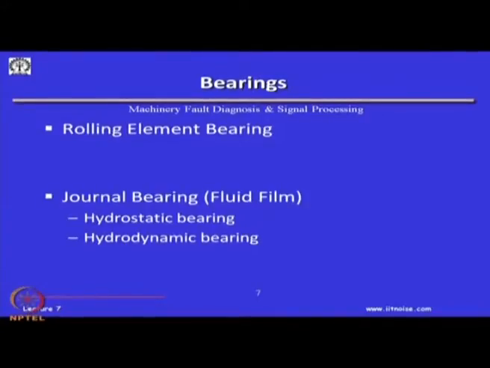So, just to recap, we have already discussed the bearings. Bearings essentially are of two types: the rolling element bearing, or the journal bearing, the fluid film bearing.